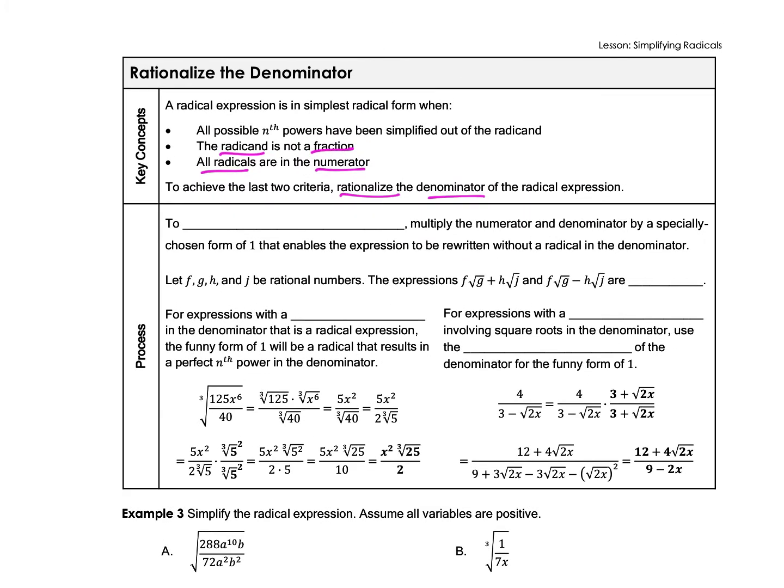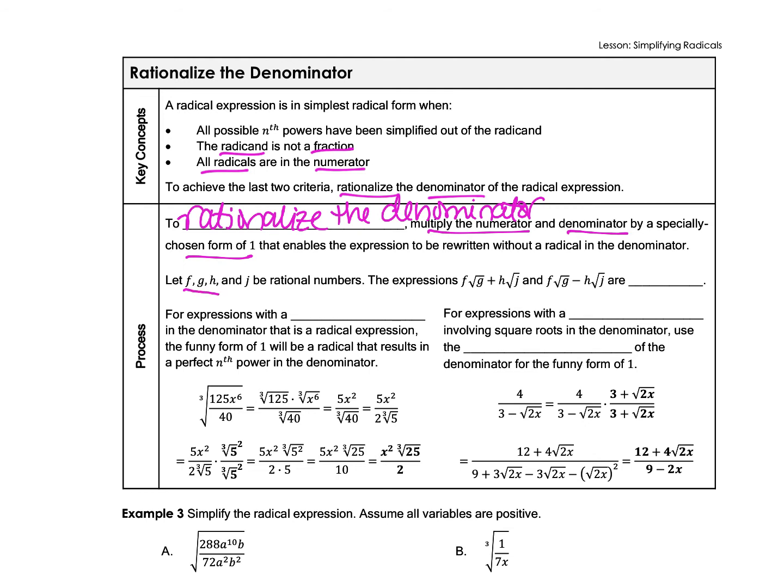So to rationalize the denominator, you're multiplying the numerator and denominator by a specific chosen form of 1. So whatever you multiply the denominator by, you have to do the same to the numerator.